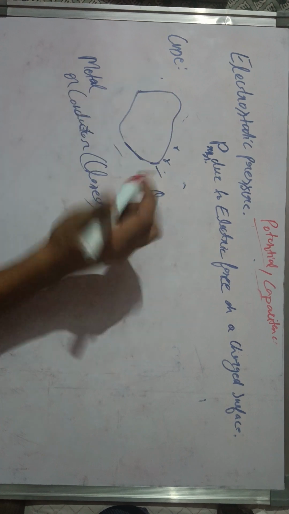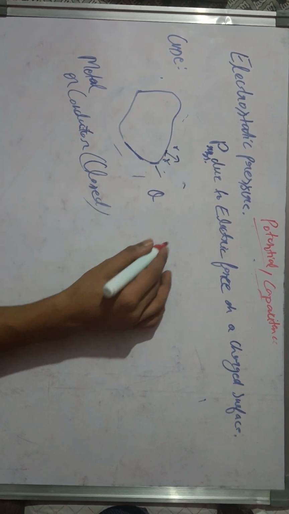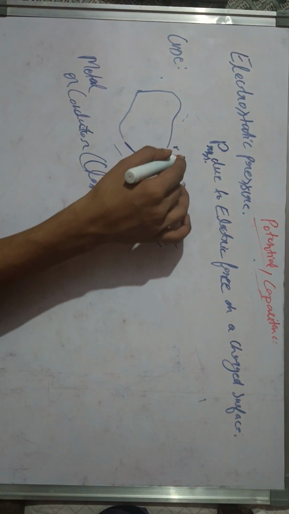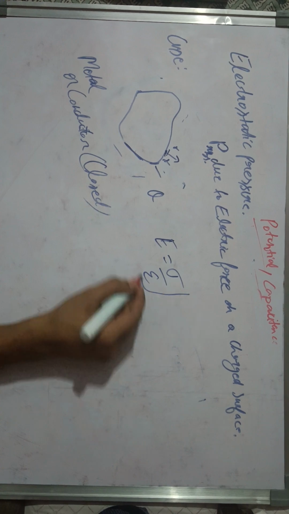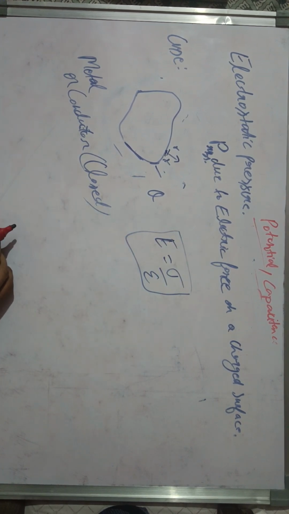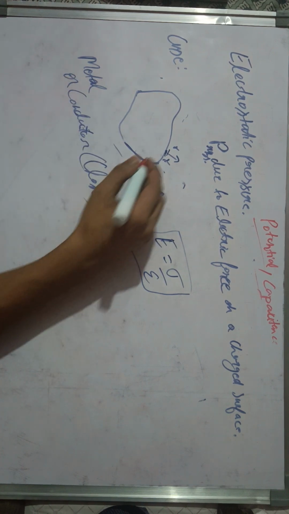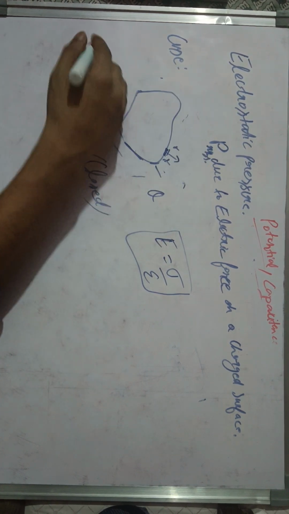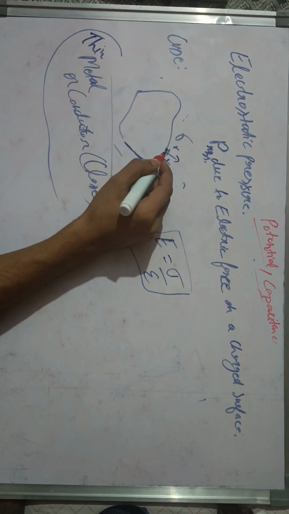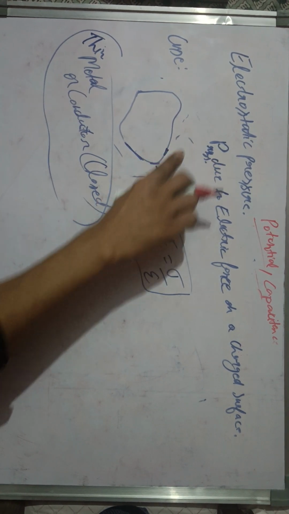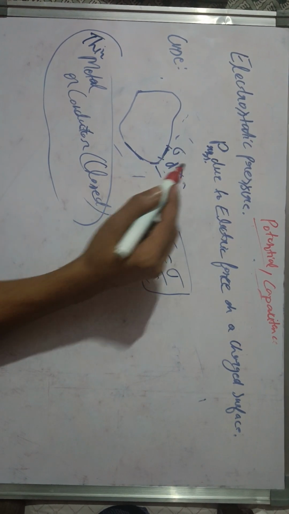We know that the electric field just outside the surface of a conductor is given by sigma by epsilon. If I take this thin metal conductor, and it has some sigma charge at this area, I am considering this dA area element here with some sigma charge density.